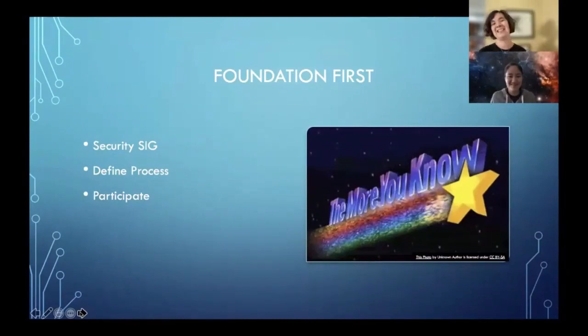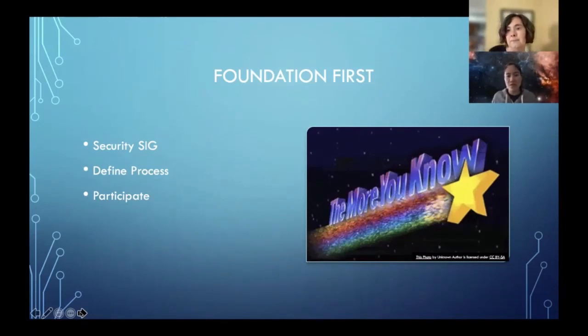So first, let's start off talking about foundations. If you're going to shift left the security bit, Alice, talk to us a little bit about what are some of the foundational pieces that someone might need. So first of all, for OSS projects and any project, you need a security team.